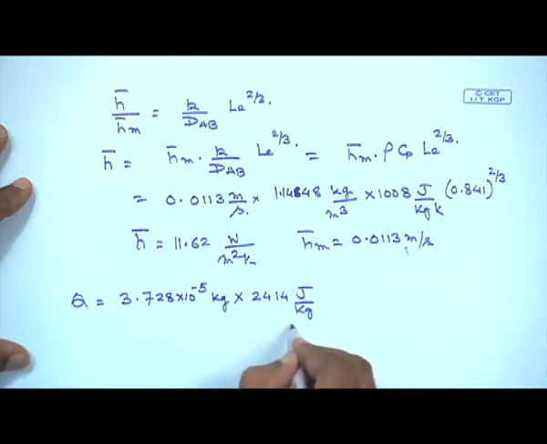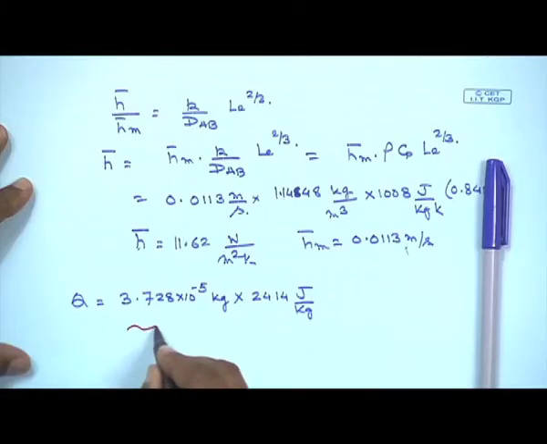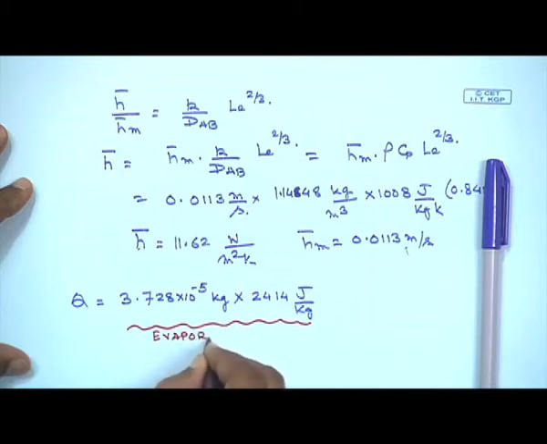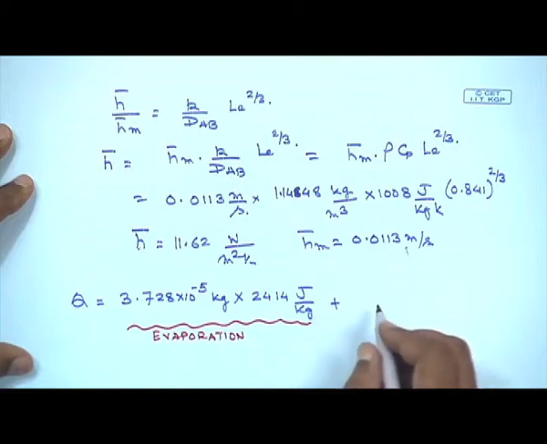So this is the latent heat of vaporization. So this is the energy requirement for evaporation, and the total energy requirement would simply be that, added to the energy required to meet the convection process.